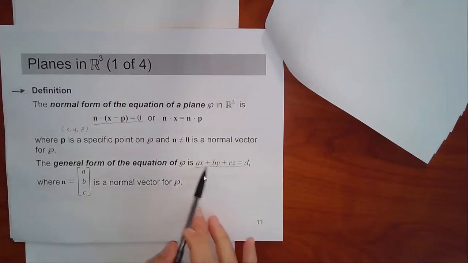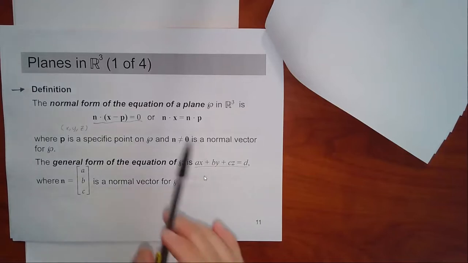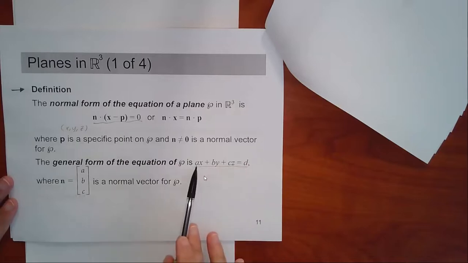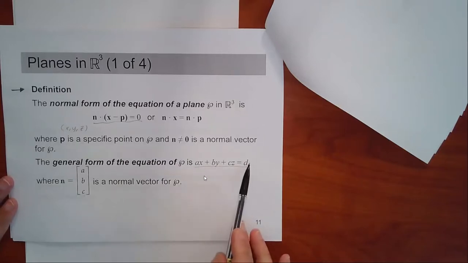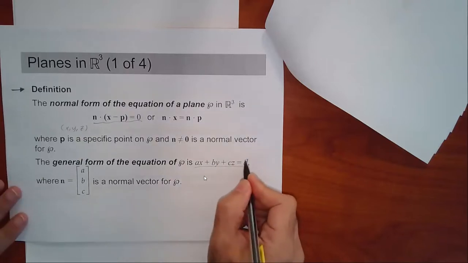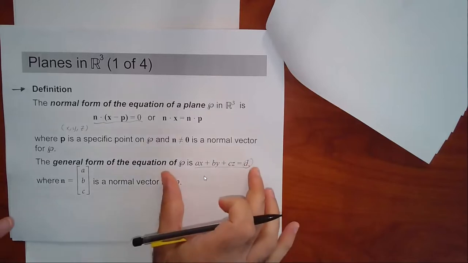It's exactly the same steps as I did for the line. Move all the numbers to the other side. Just keep AX, BY, and CZ on this side. Everything on the other side is going to be a number. That's why here they just assume it t. So this one is going to be the general form.